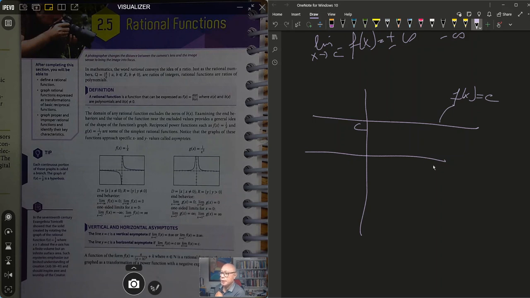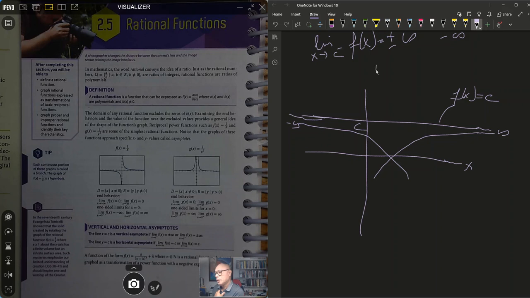When x goes to positive infinity, the function goes to c but never touches c, so they will meet at infinity. Or it could be like this, going to negative infinity.